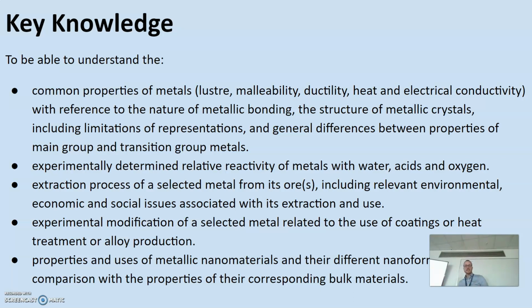Experimental modification of selected metal, we will look at that. Heat treatment and alloys. Properties and uses of metallic nanomaterials, we will go through that just mainly for interest, partly because nanoscience, as interesting as it may be, is not in that 3-4 curriculum. So we are structuring the course to provide you with the skill set and the knowledge to best prepare you for Year 12.